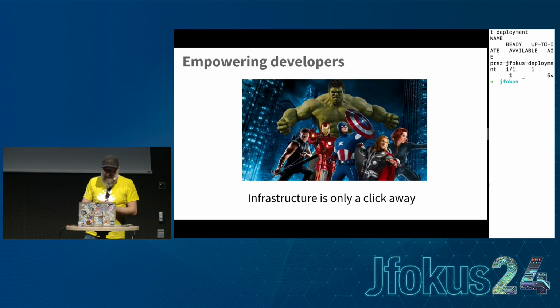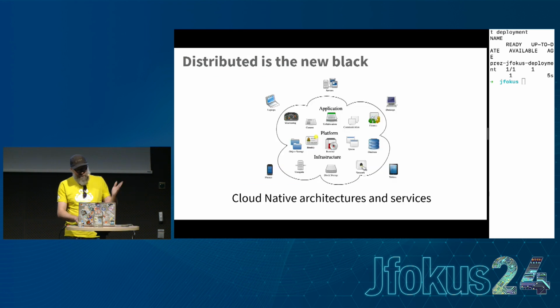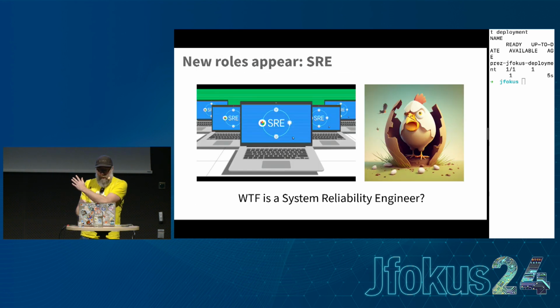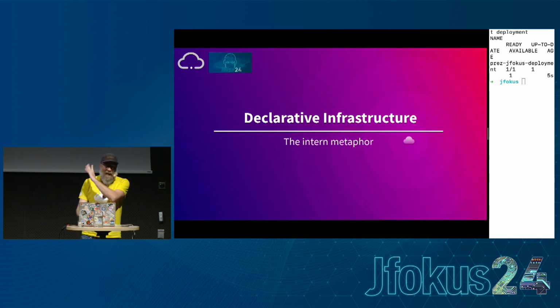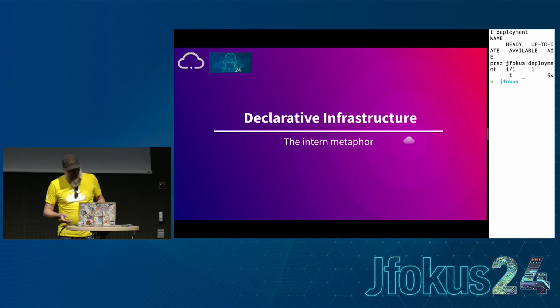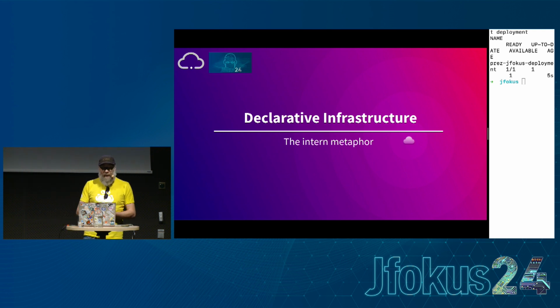Empowering developers: infra is only one click away or one line of code away, because that's the other big difference. Now you can declare, let me skip that, I want to see, yeah. The main difference now is that with the cloud, you can declare what you want, the desired state of your infrastructure.